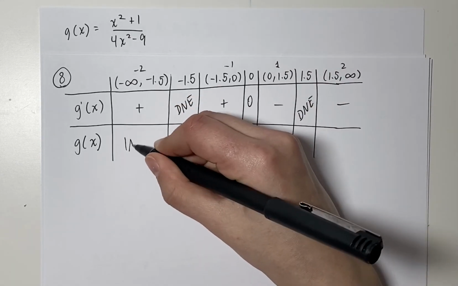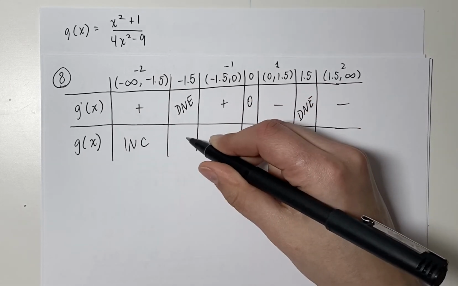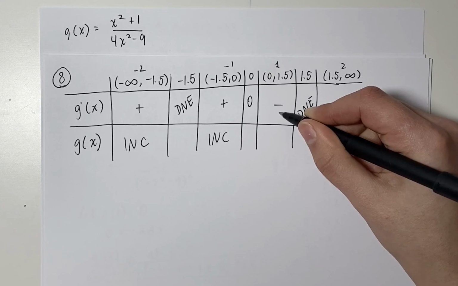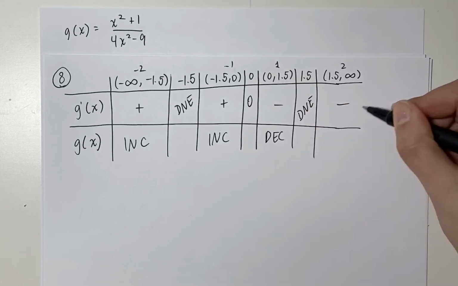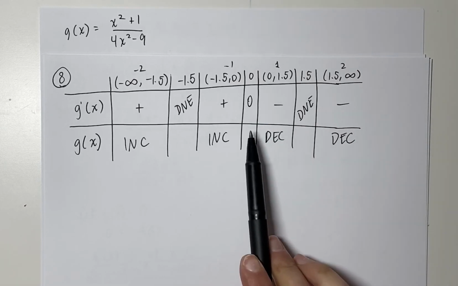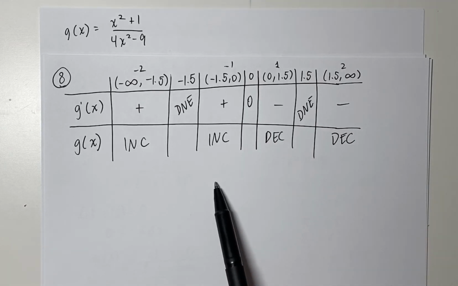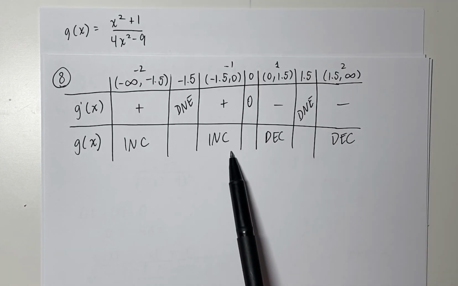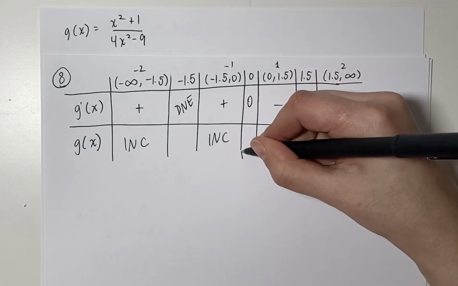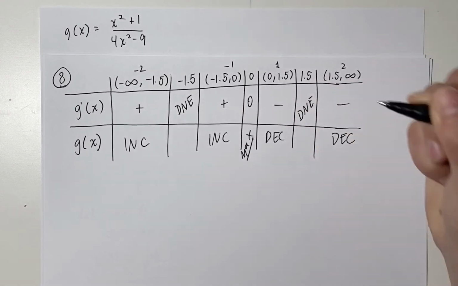So since it's positive, it's increasing. Here it's increasing. Here it's decreasing, and here it's decreasing. Now, since before 0 it's increasing, so it's going up. Then at 0 it starts decreasing. Then we know this point is our max.